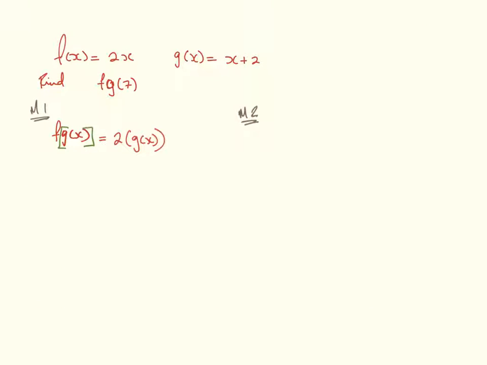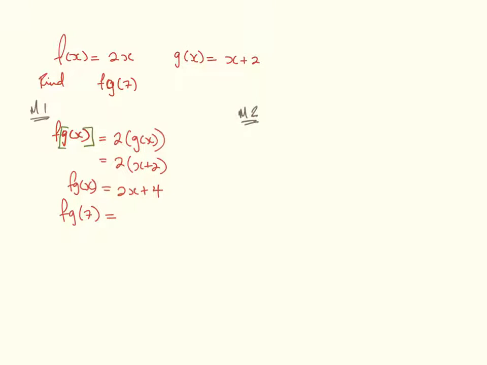All right. So g of x is actually equal to x plus 2. And then we expand out that bracket, giving us 2x plus 4. But the question asked us to find fg of 7. So now that I've got fg of x, let me just make sure I write this in, I can now find fg of 7.